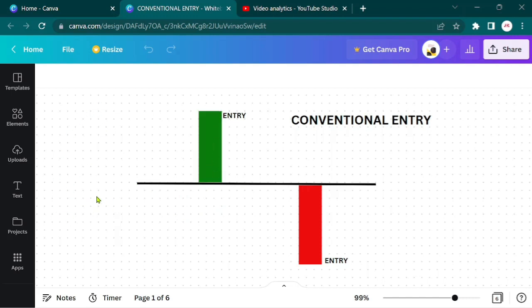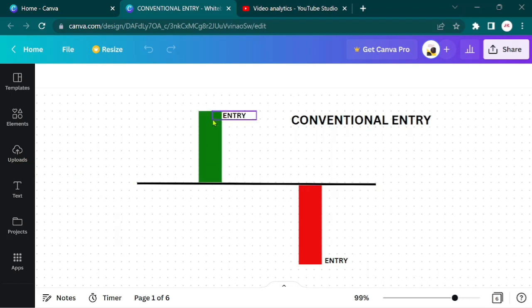Here in this particular area, there may be some type of consolidation. Breakout after consolidation is powerful. Right in this area, there may be some consolidation, then we can get a breakout candle.